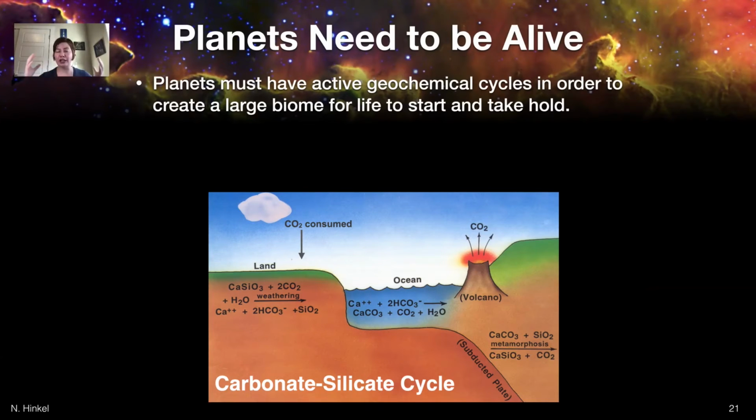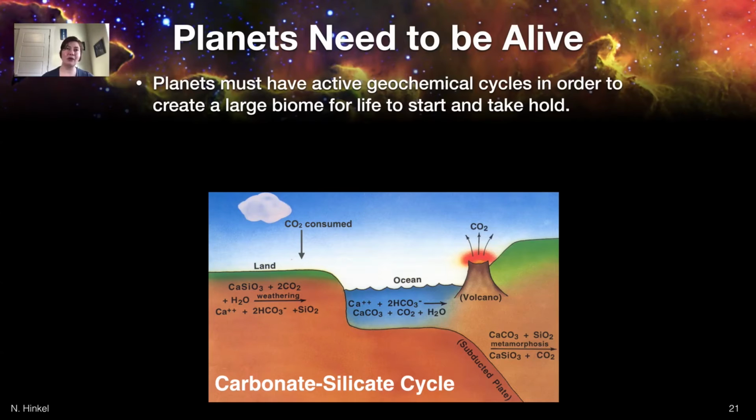But having that huge amount of water on top of TRAPPIST-1 planets means that you have very limited geochemical cycles that could occur on these planets. And that's a really big deal, because we absolutely need planets that are moving, that are alive, that are able to keep renewing the different resources within them.